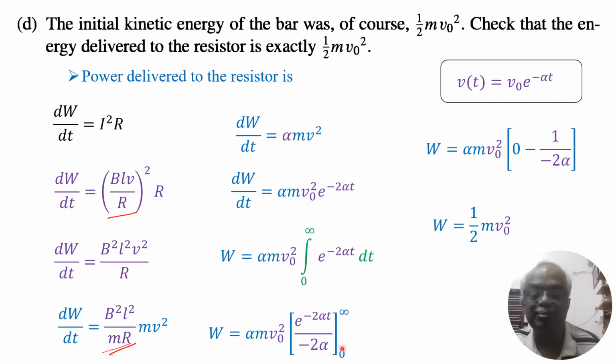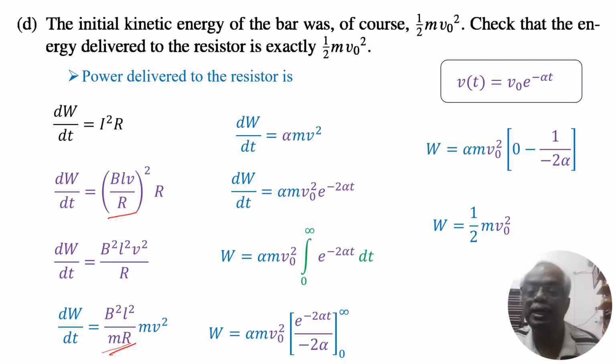Now apply the limits. At the upper limit, e to the power minus infinity becomes 0. At the lower limit, e to the power 0 is 1. So this becomes 1 over minus 2 alpha.